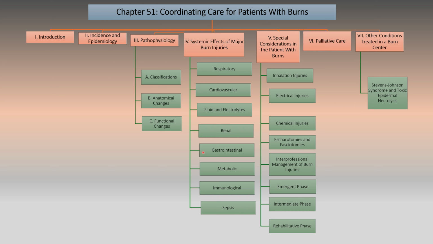Lastly, because I have 5 key points for each, the 5th is early enteral nutrition. The early initiation of enteral nutrition, tube feeding, is vital for improved outcome and reducing stress ulcers.